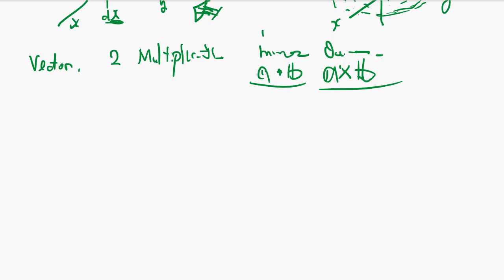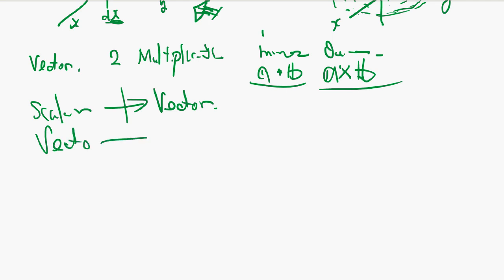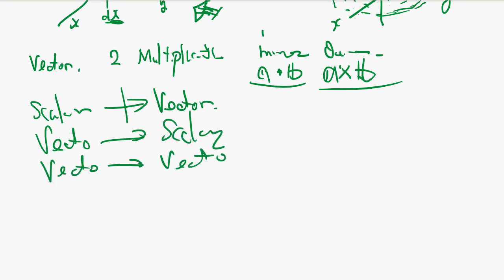Now you differentiate a scalar: scalar produces vector after differentiation, and vector to scalar, and vector to vector. So we deal with three different kinds of derivative function.